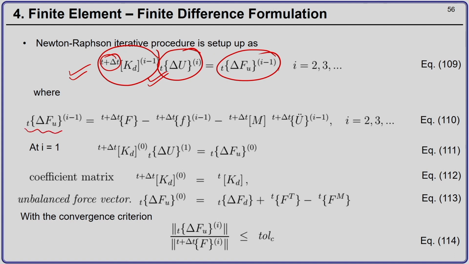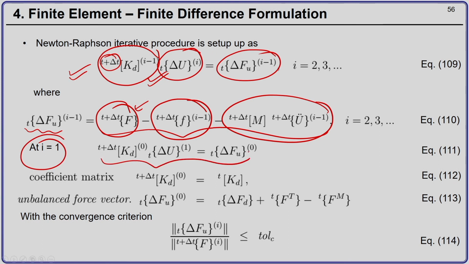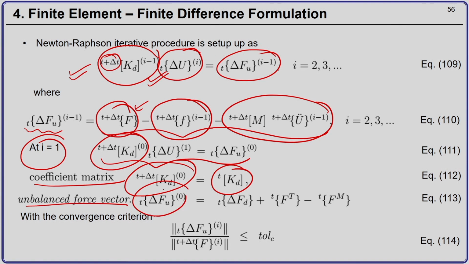So, this delta Fu at I minus 1 is given by the following form. This is the external force; it contains the external traction plus the contact force. This is the body forces at I minus 1 and this is the mass into acceleration at I minus 1. So, for the first iteration, equation 109 can be written like this, where the coefficient matrix, or the tangent matrix, is approximated by this here, and the unbalanced force vector, or the residual vector, is approximated by the following expression.